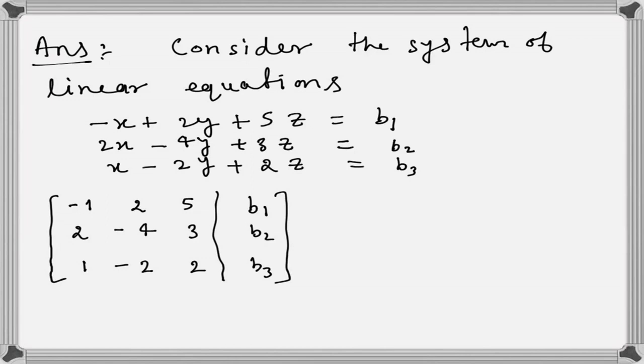For example, let's apply this transformation: r2 goes to r2 plus 2 times r1, and r3 goes to r3 plus r1. Let's see how this matrix gets reduced.